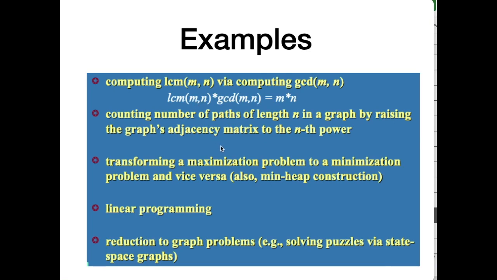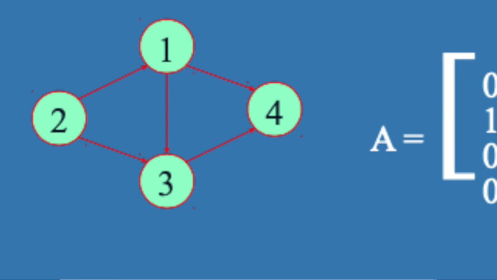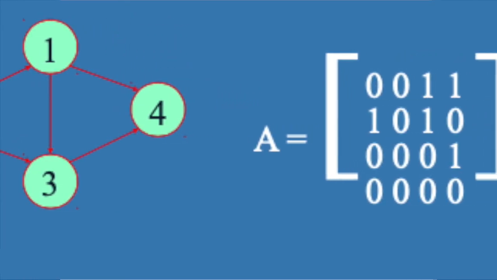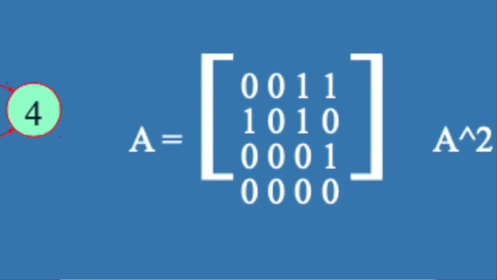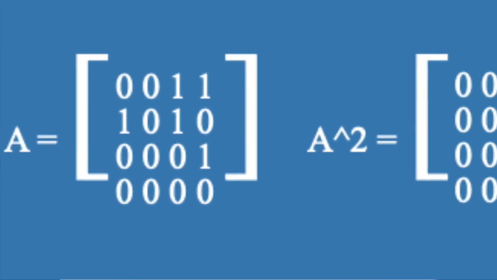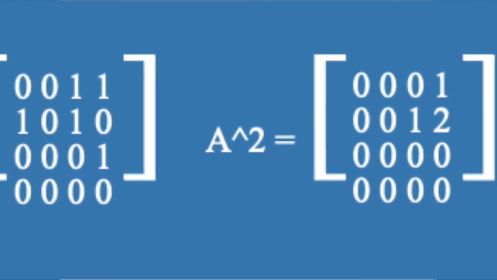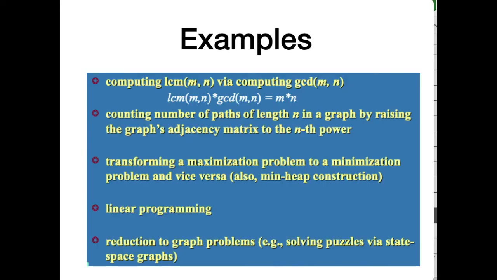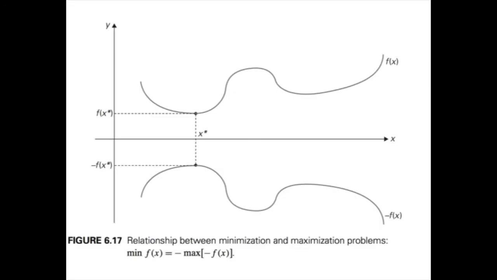The second example is counting number of paths of length n in a given graph by raising the graph's adjacency matrix to the nth power. Okay, so the original problem is counting number of paths of length n. And the reduced problem is getting the nth power of an adjacency matrix. The third example, we can always transform a maximization problem to its minimization counterpart and vice versa.